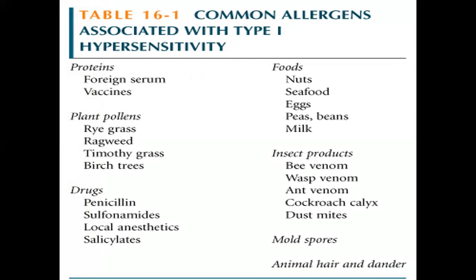Proteins like foreign serum vaccines, plant pollens of ryegrass, ragweed, timothy grass, bush trees, drugs like penicillin, sulfonamides, local anesthetics, salicylates, certain foods like nuts, seafood, egg, pea, beans, milk, insect products like bee venom, wasp venom, ant venom, cockroach calyx, dust mites, mold spores, animal hair and danders. These all are the common allergens associated with type 1 hypersensitivity.